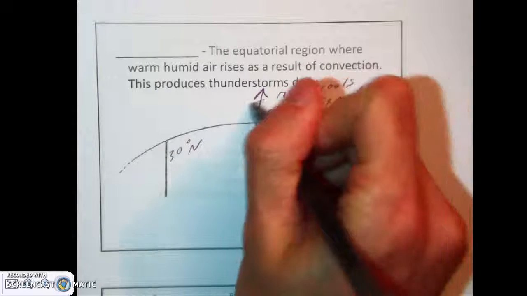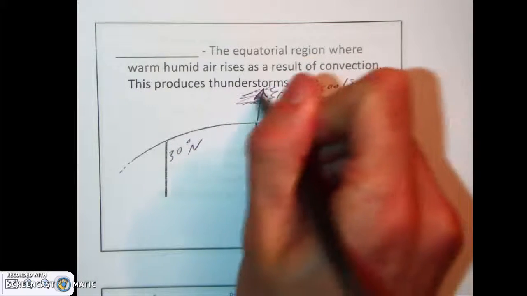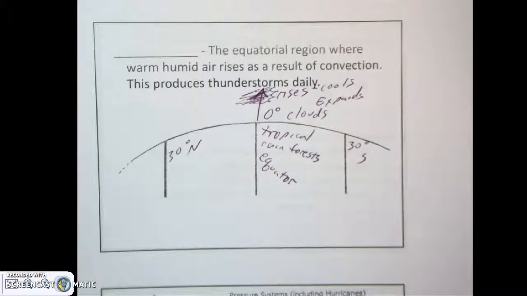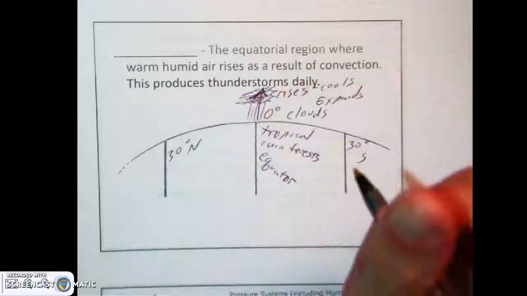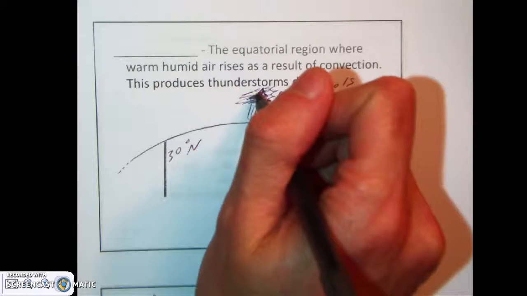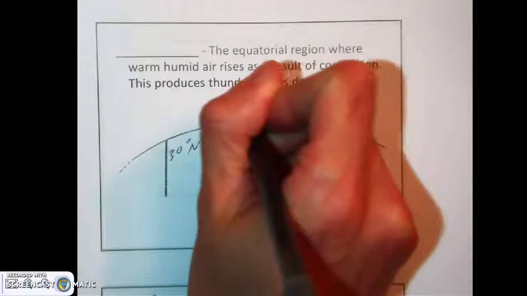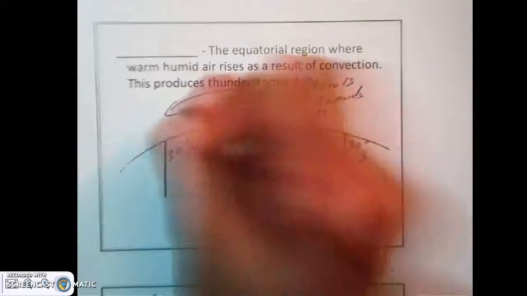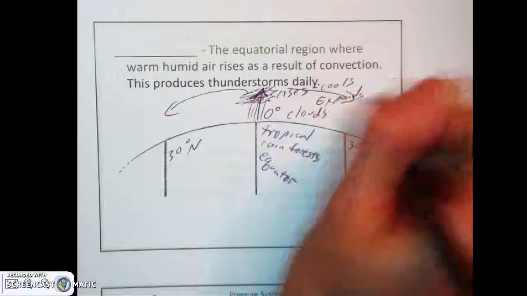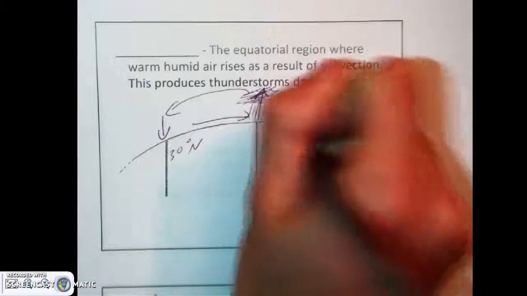The air rises, it hits the dew point, and we get lots of clouds, with the rain associated with that. We also see convection. The air rises, and then it has nowhere to go, so it goes out to the sides. Eventually it's going to start to sink and go back around again.